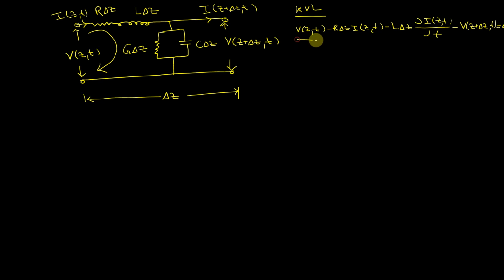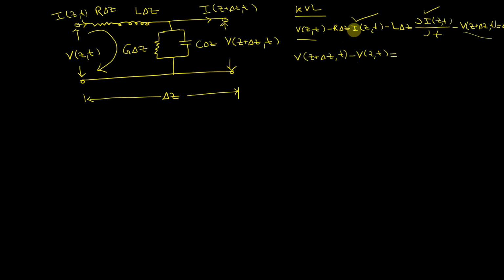Take the voltage term on the left hand side and the other two terms on the right hand side. You can write V(z+delta z, t) minus V(z,t) equal to what?